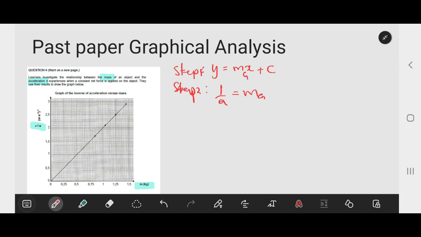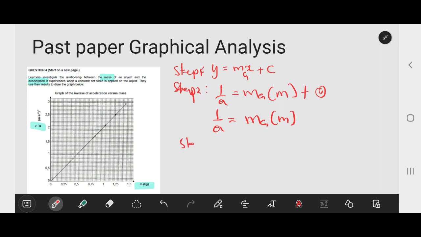On the x, we have the mass of the object, and the y-intercept is 0. The equation that we obtain in step number 2 is 1 over a is equal to the gradient multiplied by the mass of the object.